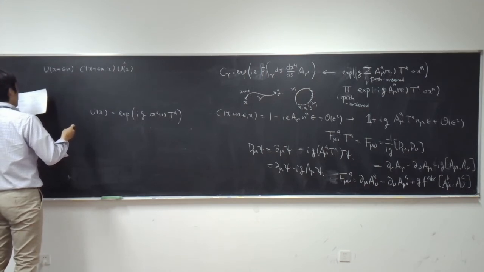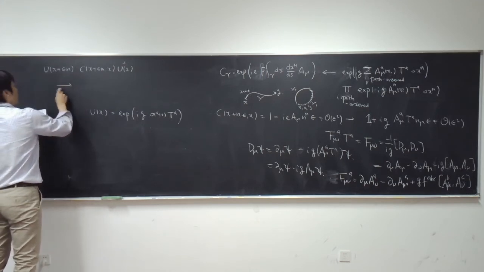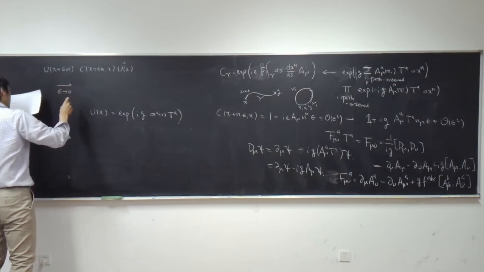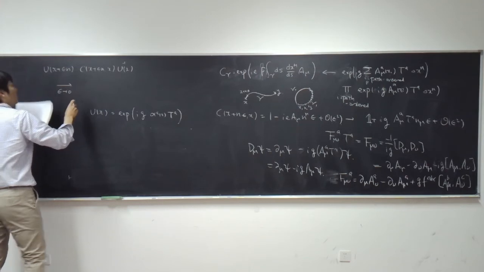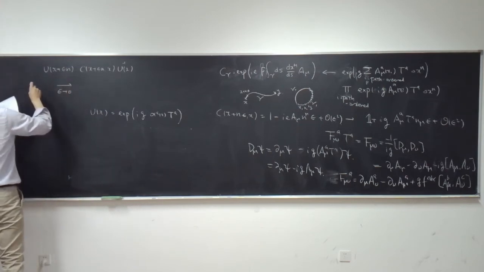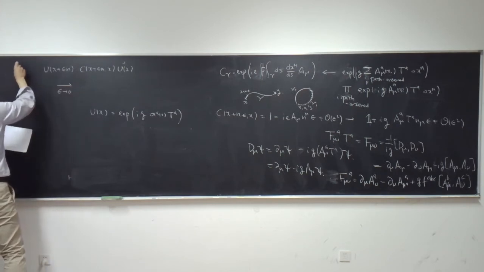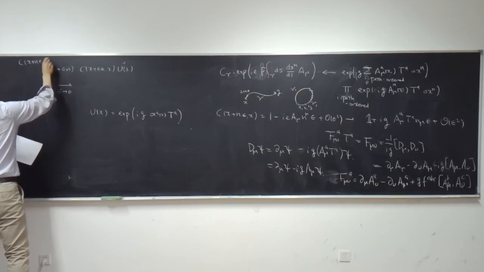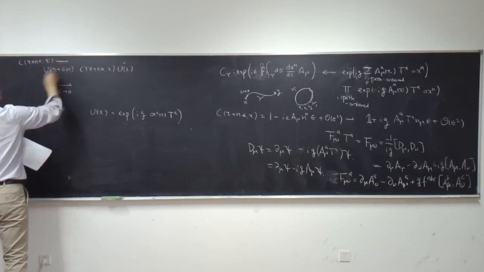So from here, taking the epsilon goes to 0 limit, psi of x under the gauge transformation is mapped to this one.